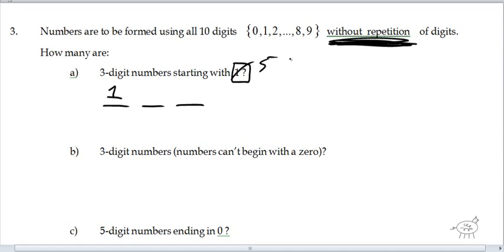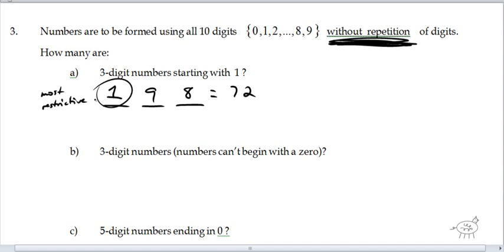So anyway, there is 1, and then there's no repeats, so instead of being 10 numbers, there's 9 now. And then I use another number, and there's 8. Okay, because again, there is no repetition. So if I multiply that out, I get 72. So what I like to do here, math fans, is fill in my most restrictive spot first. So this one is the most restrictive.